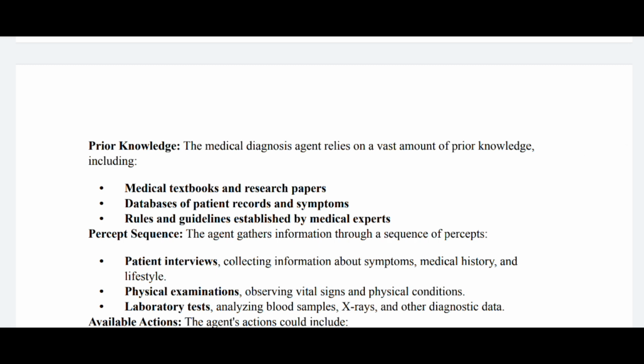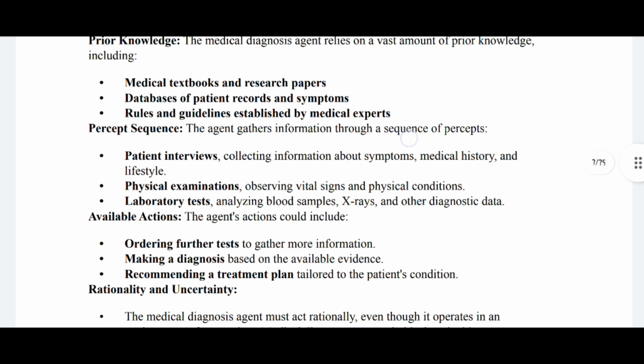Prior knowledge is very important. When we go into that field we have to know the full knowledge about it. We have medical textbooks, research papers and databases, and we have to analyze everything. Percept sequence: the agent gathers information through a sequence of perceptions. So it takes information from patient interviews, collecting information about symptoms, medical history and lifestyle, then physical examination and laboratory tests.